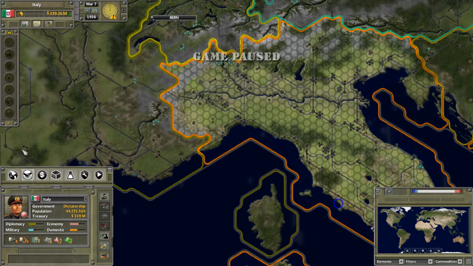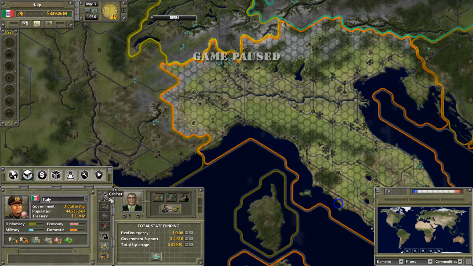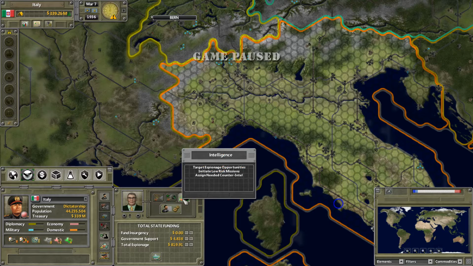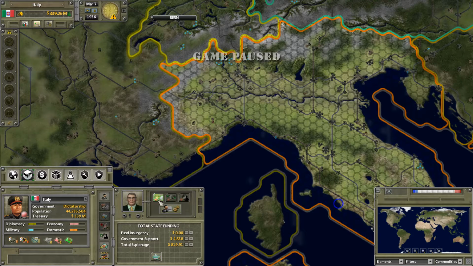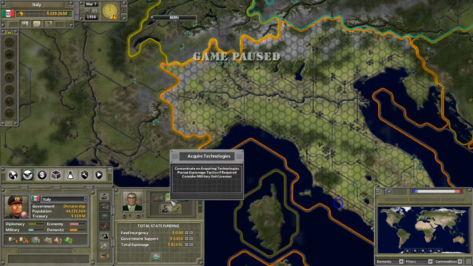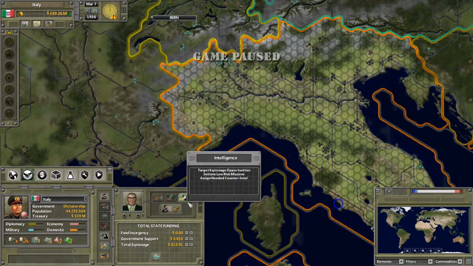So first of all, the diplomacy is done usually through the state tab here, and domestically you can do things. There's a minister that you can basically make do certain things automatically, like trade relations, acquire technologies, intelligence.